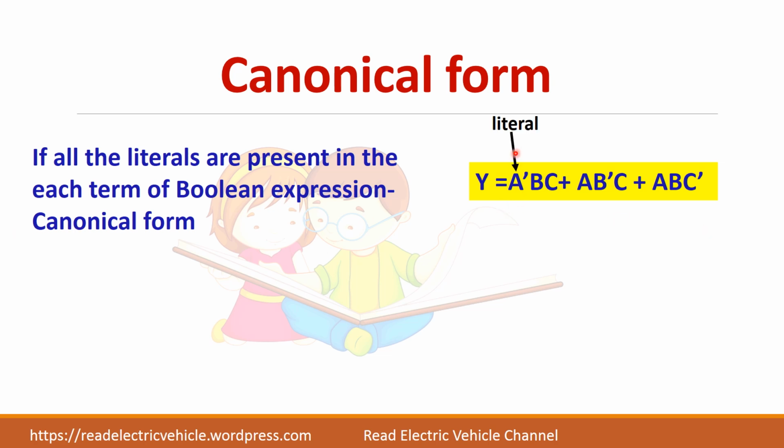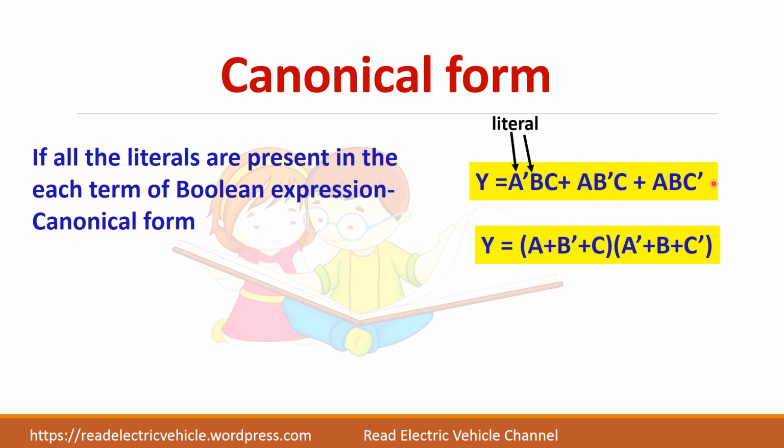Here A is a literal, A or A dash, anything is called a literal, B is another literal and C is another literal. So this is a 3 literal function. This is one term, this is the second term, this is the third term.